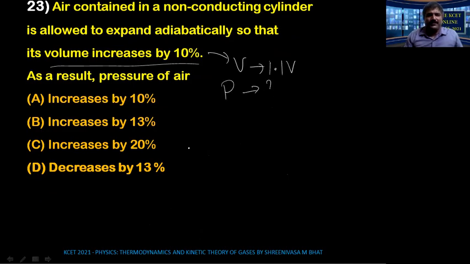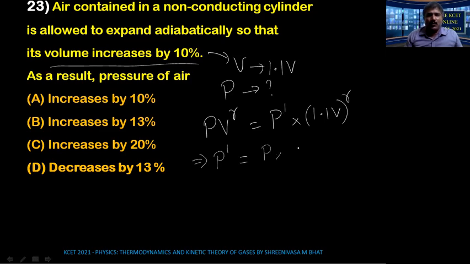It is adiabatic, so PV to the power gamma equals P dash into (1.1 V) to the power gamma. So P dash equals, V to the power gamma cancels, P into 1 by 1.1 to the power gamma.